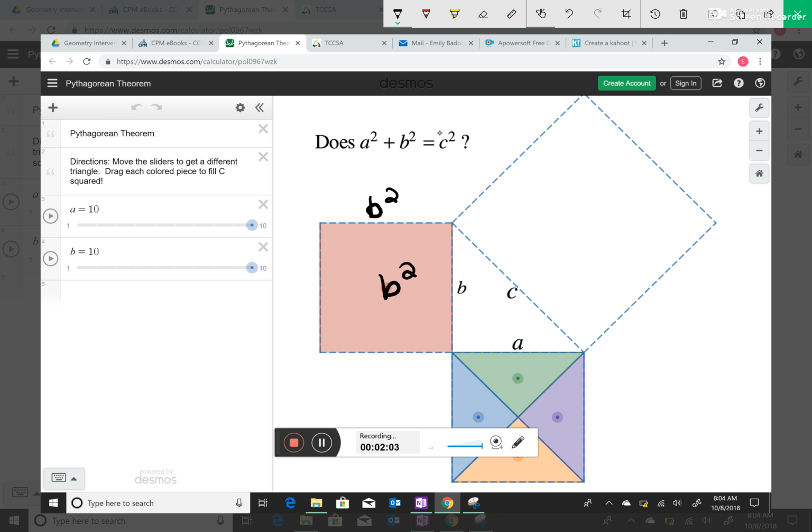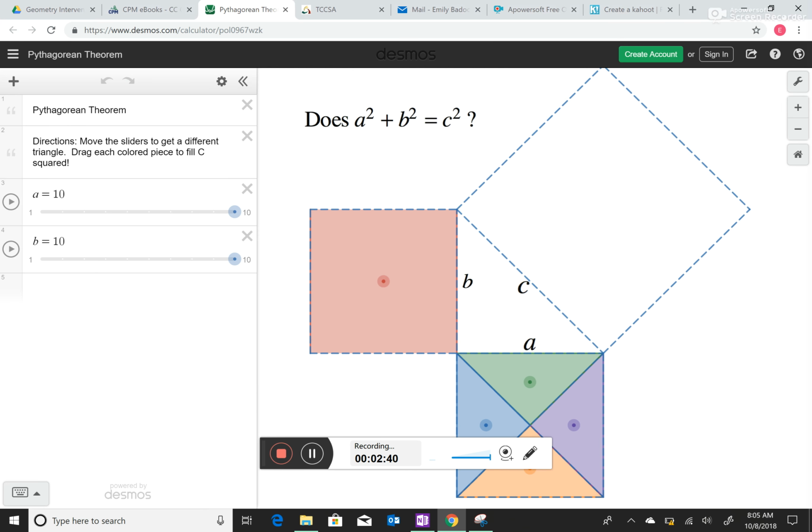The area of this multicolored square is a squared, based on the same principle, which means this big square is c squared. We are going to try to fit b squared and a squared into c squared to prove that they are equal to each other.